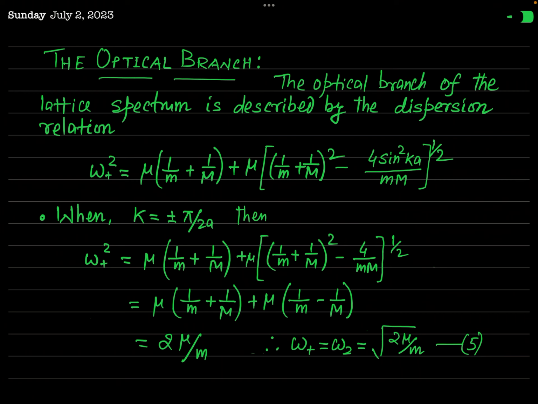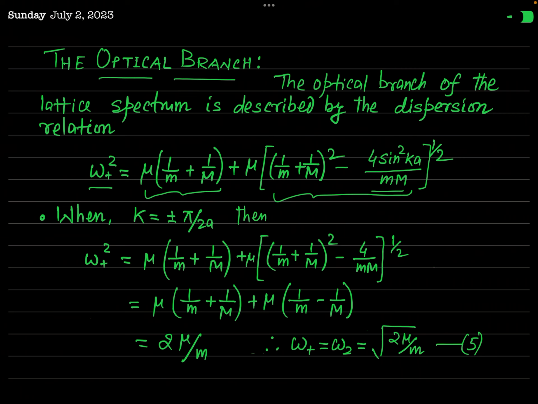We have seen that the optical branch of the lattice spectrum is described by the dispersion relation omega plus square equal to mu times (1 over small m plus 1 over capital M) plus mu times the square root of (1 over small m plus 1 over capital M) whole square minus 4 sine square ka over m times M.